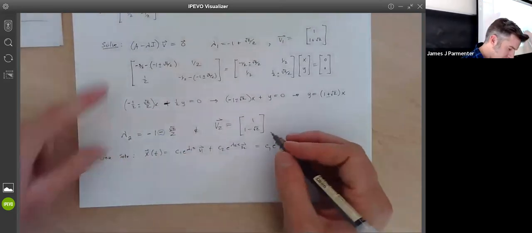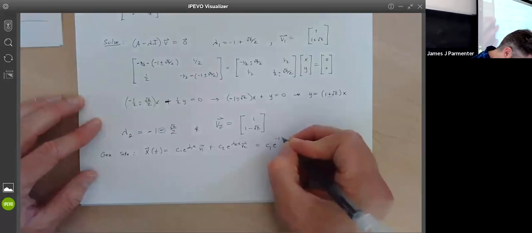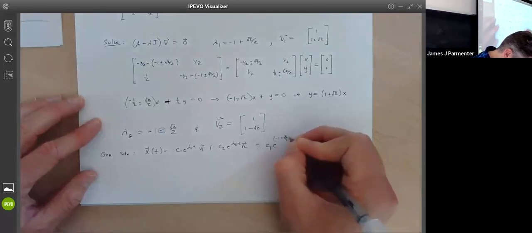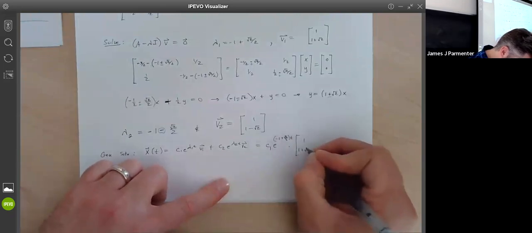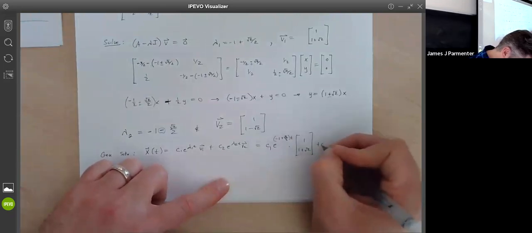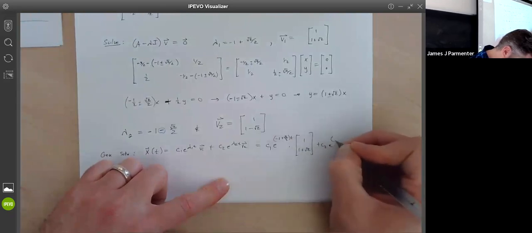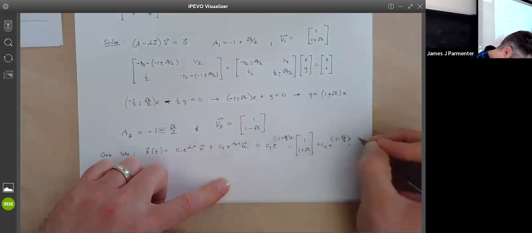Okay, so lambda 1 is -1 plus root 2 over 2 t times my v1, which is 1 plus root 2, plus c2 e to the -1 minus root 2 over 2 t times your v2, which is 1 and then 1 minus root 2. Stay on the page.